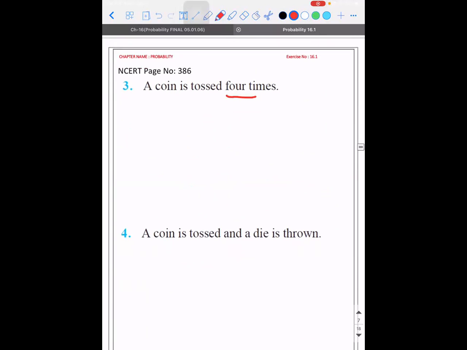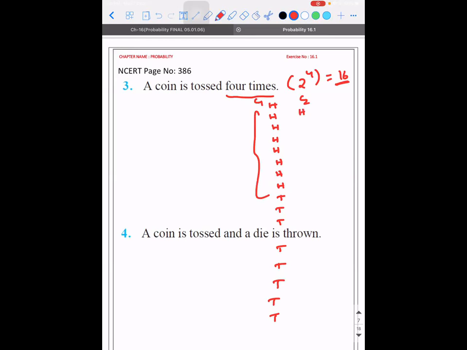A coin is tossed 4 times. So 4 times means 2 power 4, 16 outputs. Then what are we supposed to do? 1, 2, 3, 4, 5, 6, 7, 8. So what I did is, from the number 16, I divided into an equal number of heads and tails. This is coin number 1. For coin number 2, you make half of this: 4 heads, 4 tails, 4 heads, 4 tails.